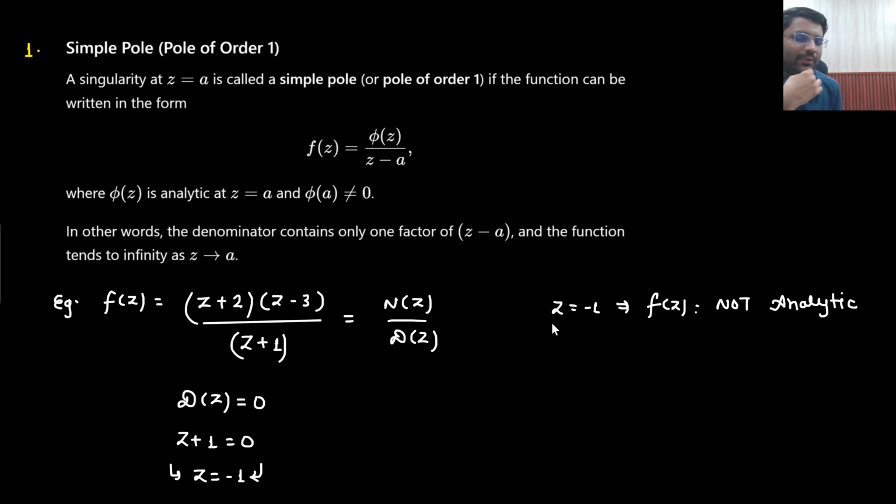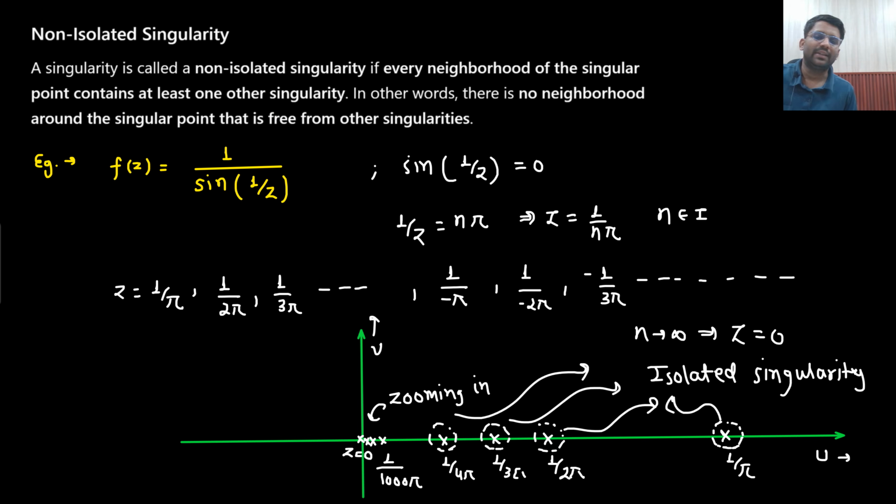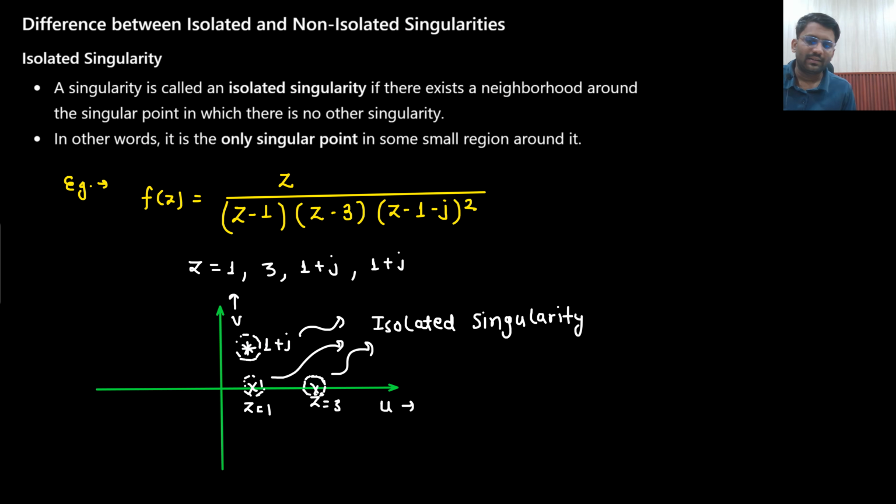How did you get this point? By putting the denominator equal to 0. If you put the denominator equal to 0, you can get a single pole. But there is another condition: it should be repeated only once. Earlier, 1 plus j was repeated twice.